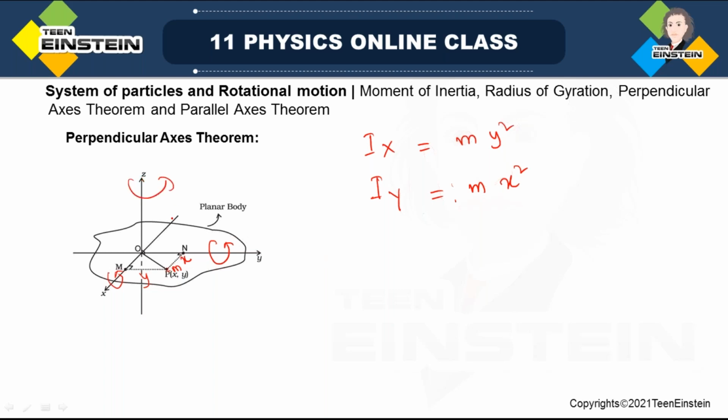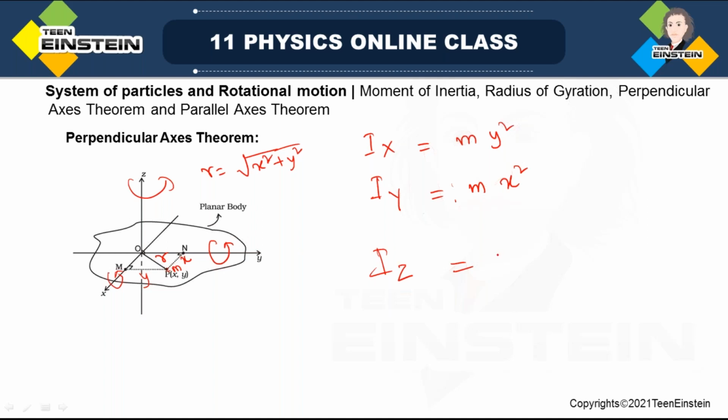Now look, what is the moment of inertia about the z-axis, of this particular object? If I suppose this distance is r, what is this r? If you remember, r square can be written as x square plus y square, right?